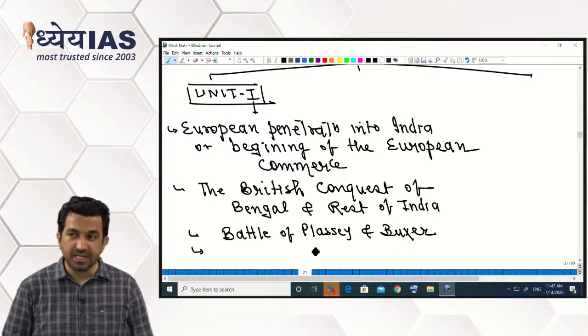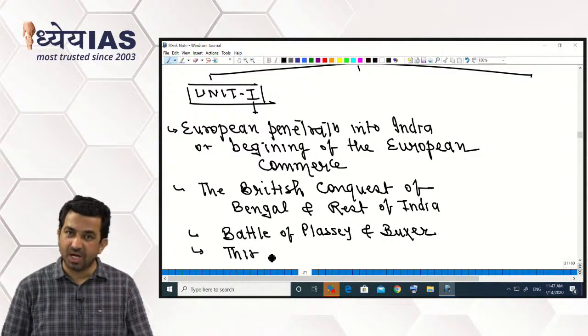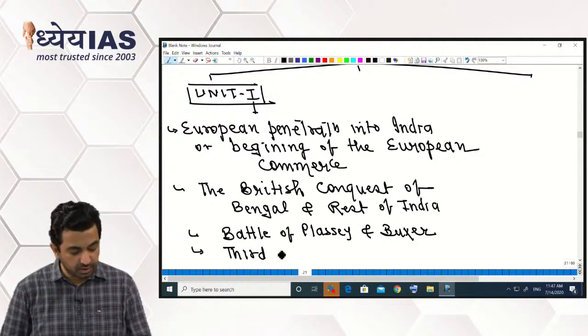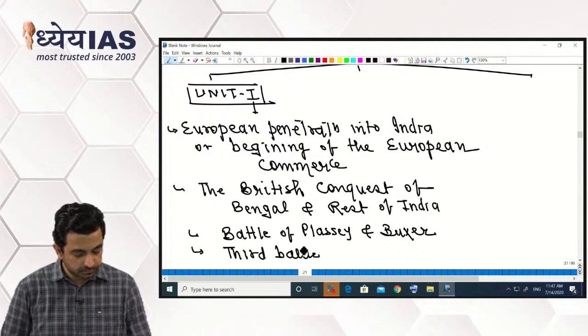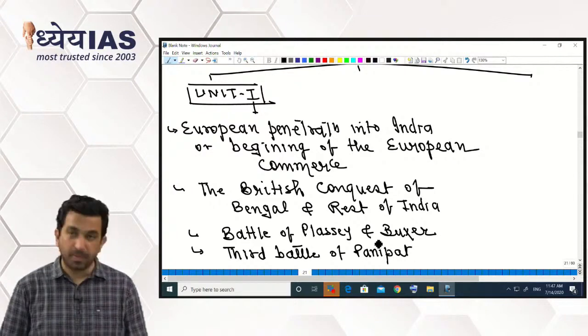So, Battle of Plassey and Battle of Buxar. In between these two battles, there was another battle fought between the Marathas and Ahmad Shah Abdali, the Afghan ruler, the Third Battle of Panipat.